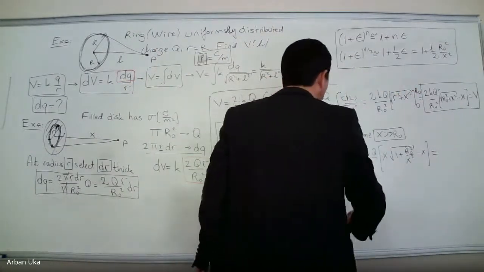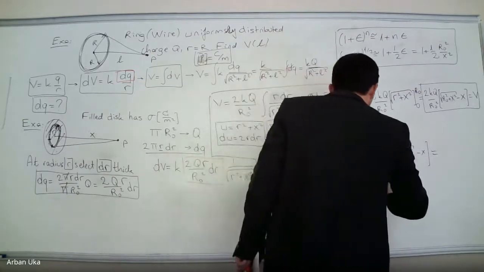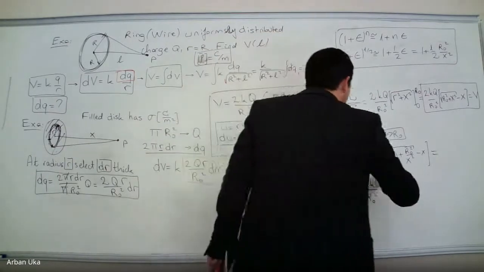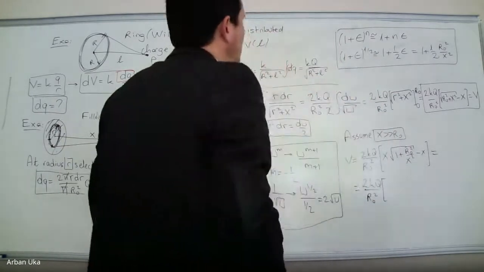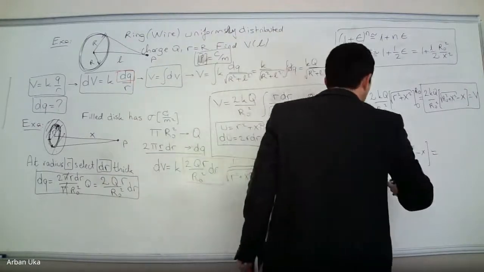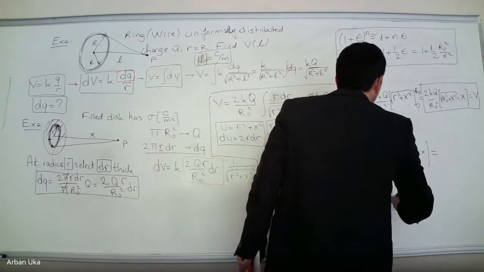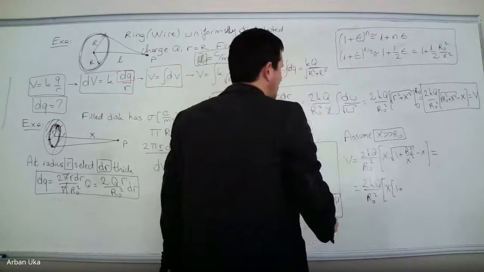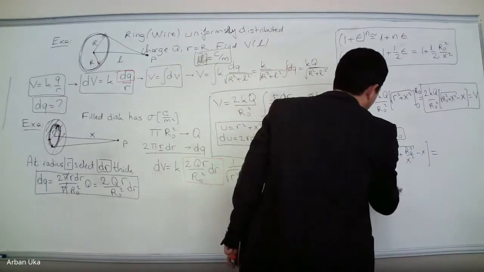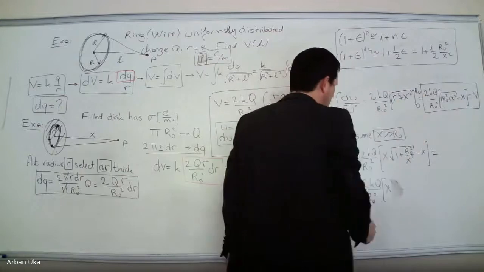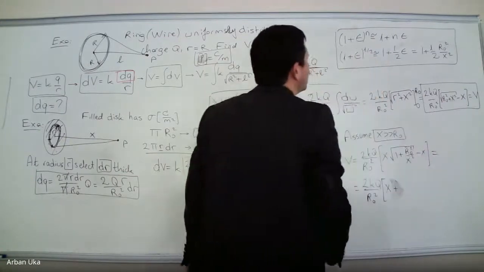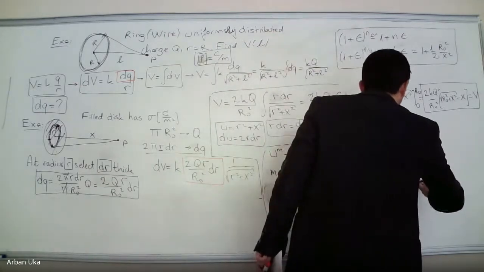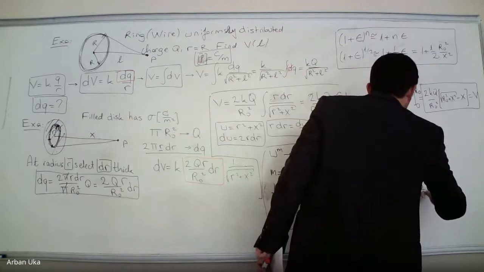This is equal to 2k cubed over r0 squared multiplied by this square root, which can be written as x times 1 plus, or you know what, let's multiply it like this. So x is multiplying this 1, plus x times 1 over 2 r0 squared over x squared.